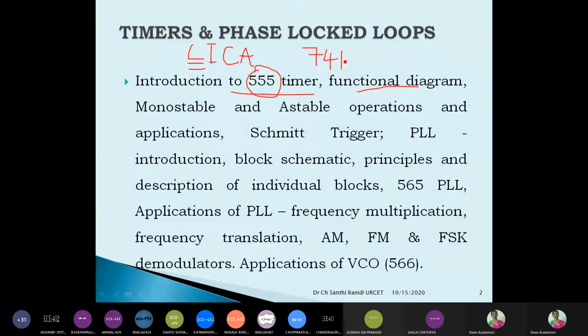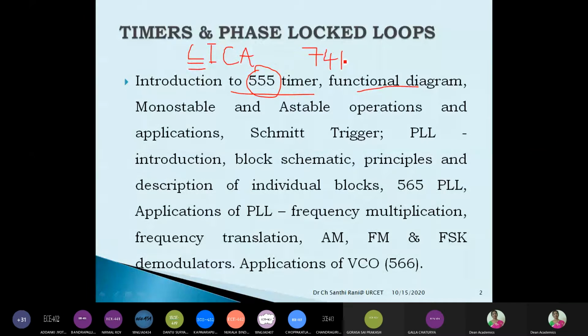In Unit 2, we studied the performance characteristics, the parameters that describe the performance of the op-amp 741.